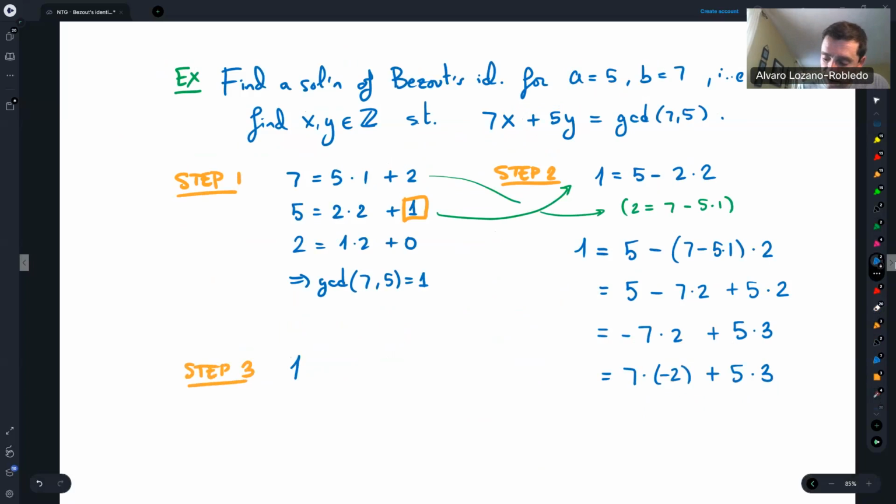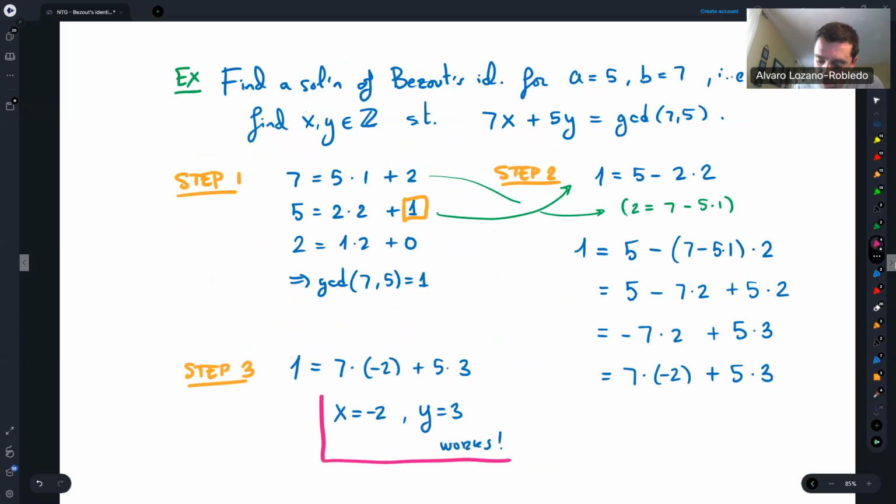From here, it says that 1 is 7 times minus 2 plus 5 times 3. And therefore, x equals minus 2 and y equals 3 works. Okay, so that is my solution, and I'm going to do a box around it right there.